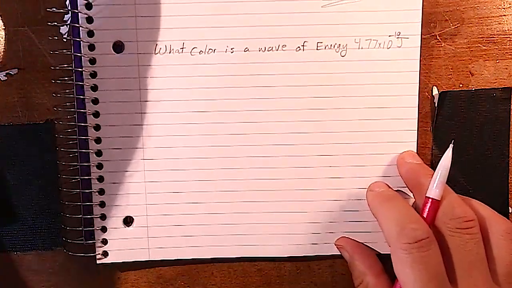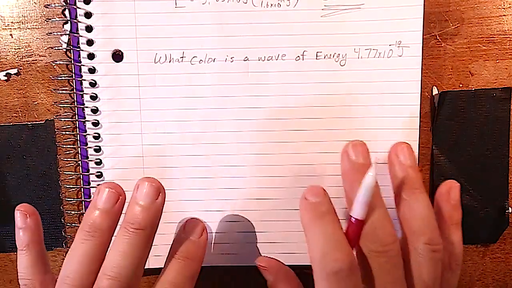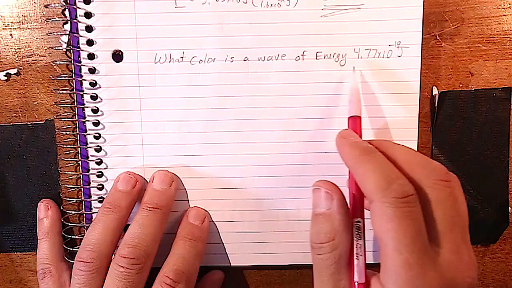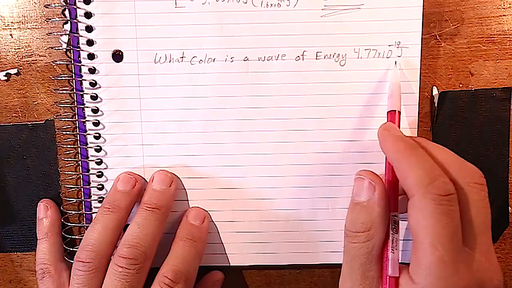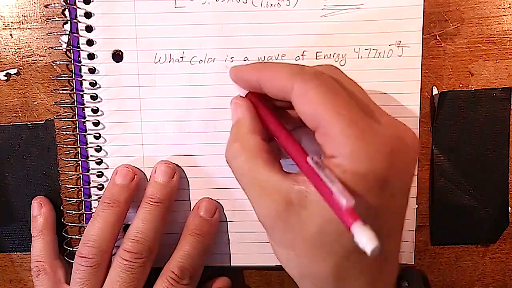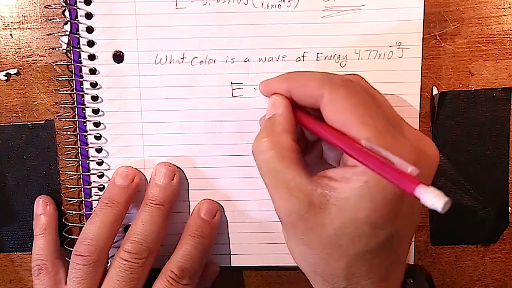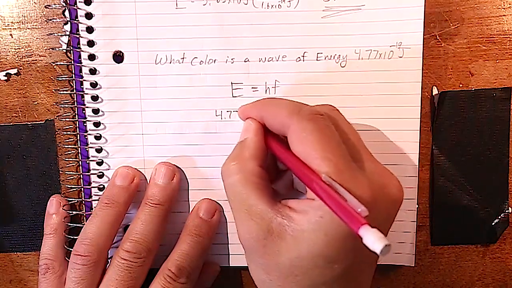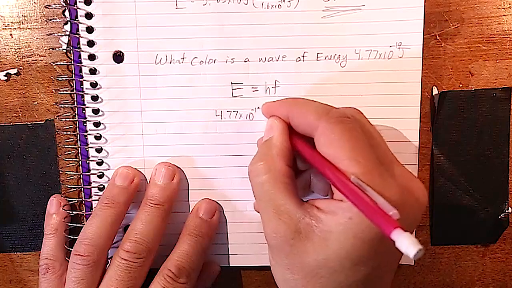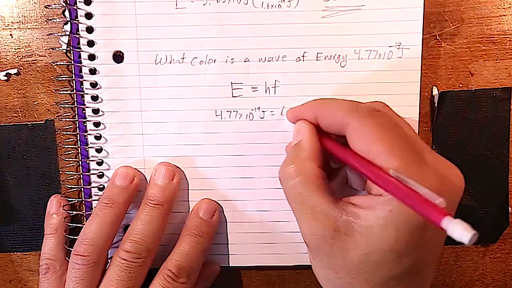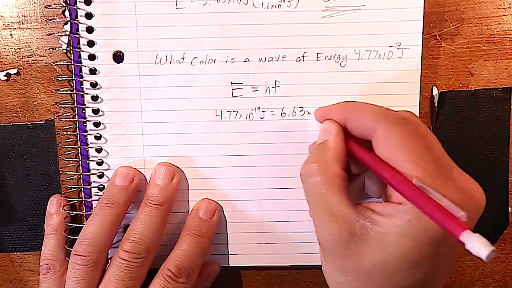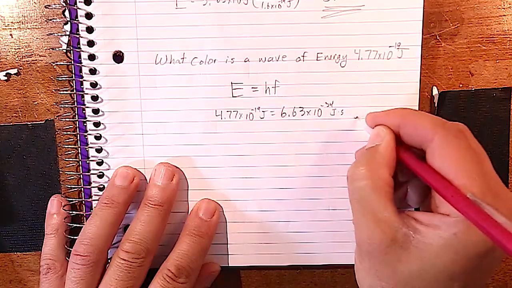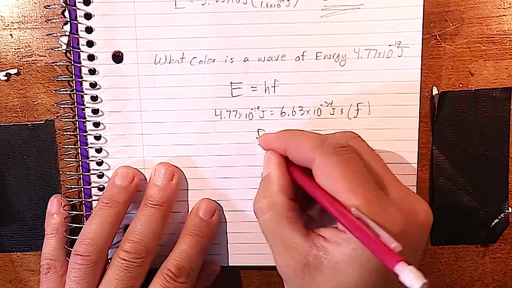So now let's do this problem in reverse, and this is a very common question to get asked. It says, what color is a wave of energy 4.77 times 10 to the minus 19th joules? Basically we're going to do this in reverse. This time we're given the energy, and we're going to put in Planck's constant for h, and solve for f, the frequency.